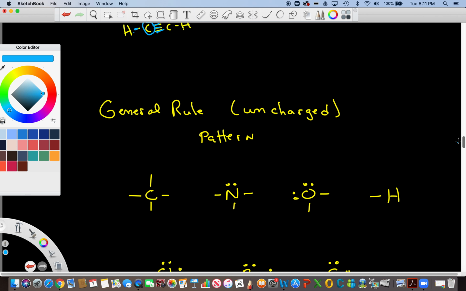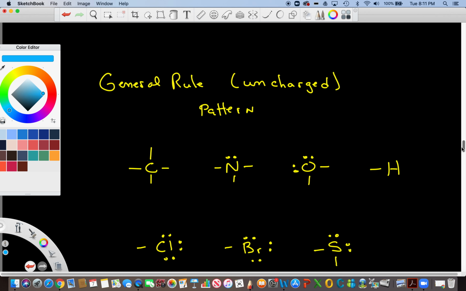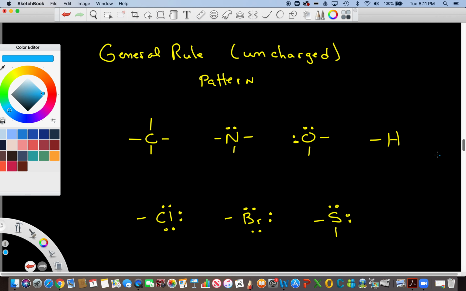Here's a general rule to help when you're drawing Lewis dot structures. And it's for patterns. And these are for uncharged molecules, because when they become charged, like a hydronium ion eventually, the rules will change. So carbon will always have 4 valence electrons.